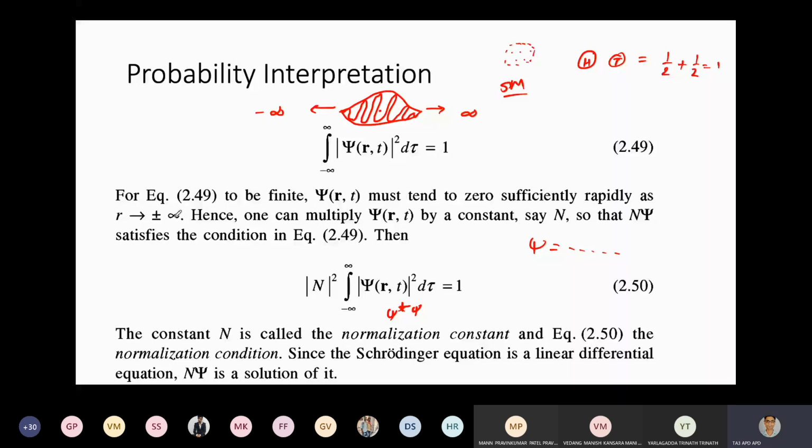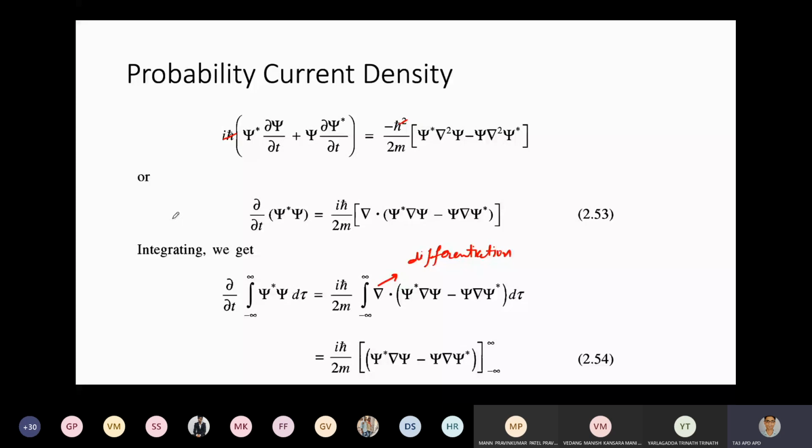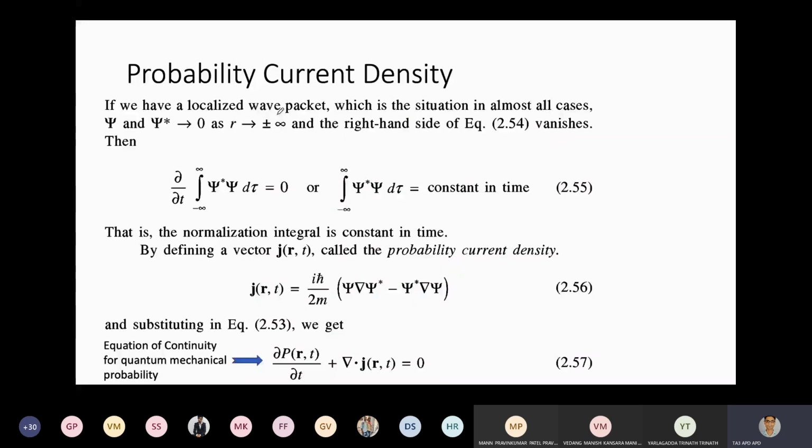So ψ will become 0 as r tends to plus and minus infinity, and that is what we are getting. Here we have a limit of plus and minus infinity for this function, so that means this whole right hand side term is going to be 0. See, because we are having a localized wave packet, which is the situation in almost all the cases, both your function ψ and ψ* will be 0 as r tends to plus or minus infinity. So that means this is going to be equal to 0, okay.